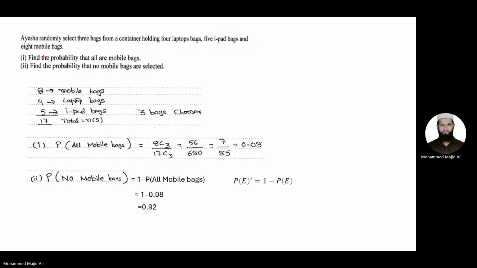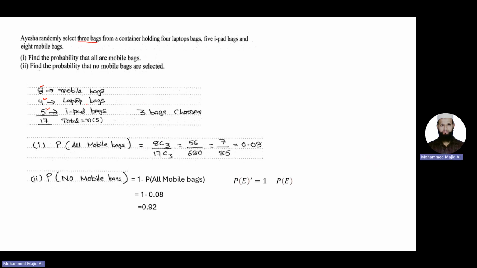So what is given in the question? 8 mobile bags, 4 laptop bags, 5 iPad bags. So in total we have 17 bags. Now from these 17 bags, Aisha randomly selects 3 bags.